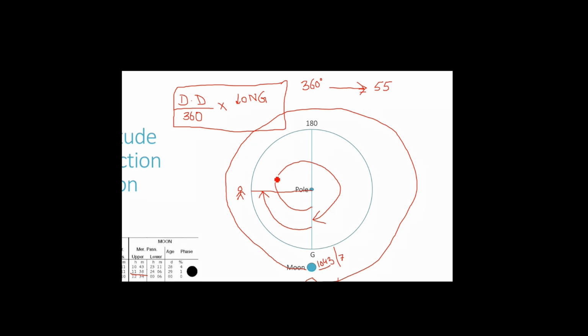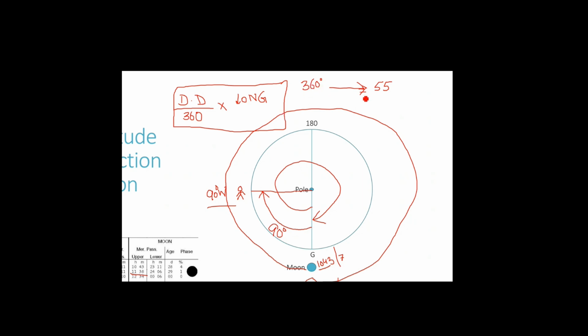Yes, sir. Now let us say our observer is at 90 degree west. I want to find out if the delay for 360 degrees is 55 minutes, what is the delay for 90 degrees? This is what I want to find. How can I find that?